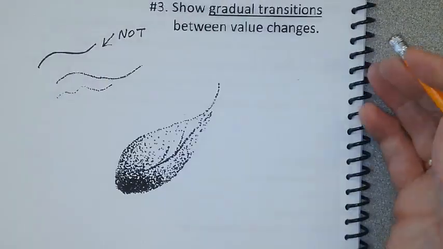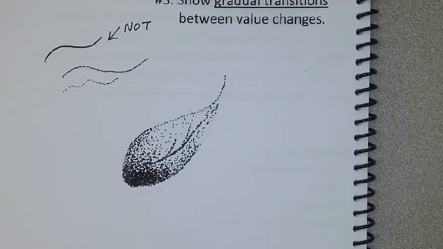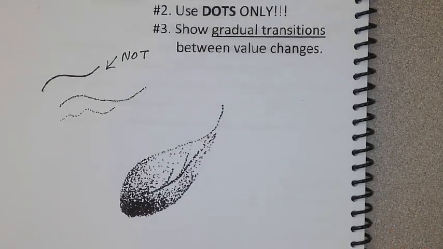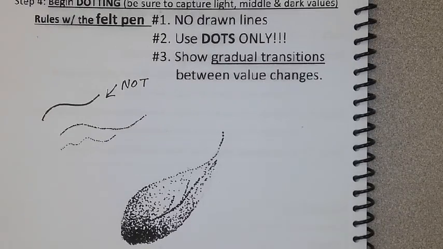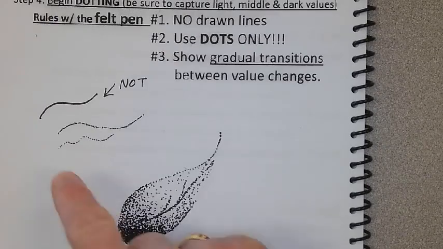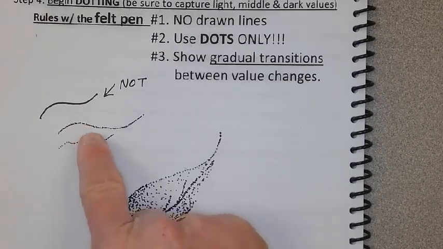And you will erase any pencil lines. And you may then notice that you want to go back in and clean some lines up, or you like the look and you want to leave some of those lines. So this is the process of actually doing the pointillism. And again, it is absolutely no lines drawn with the felt pen, except for if you want a line, you dot the line.